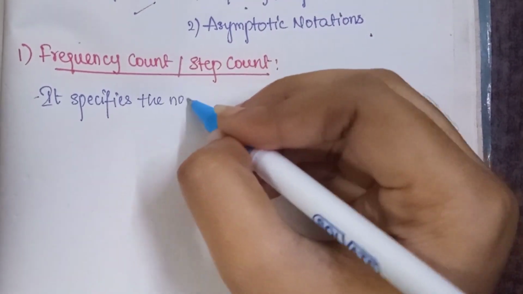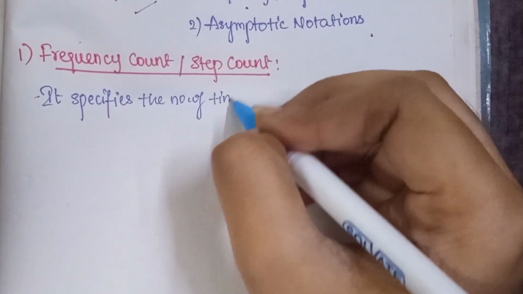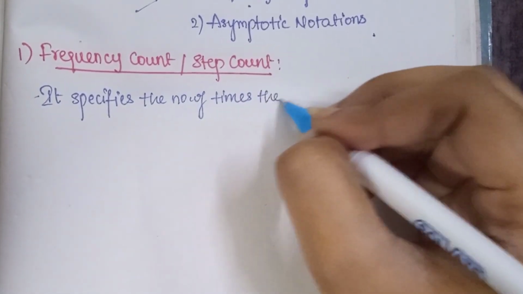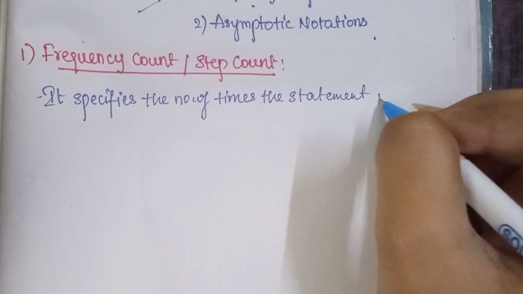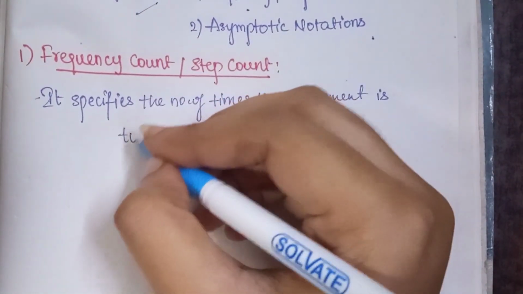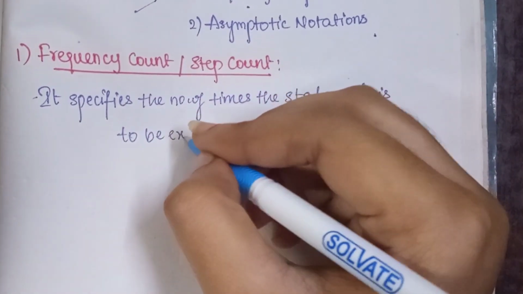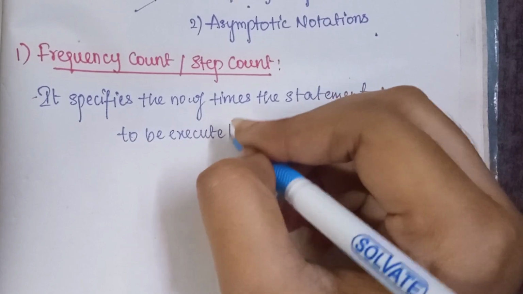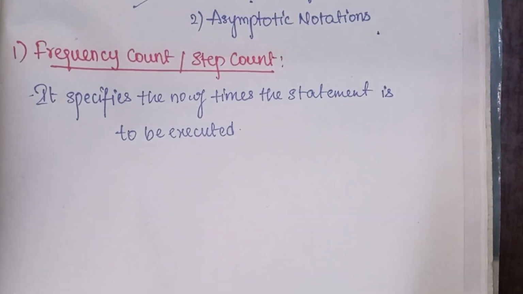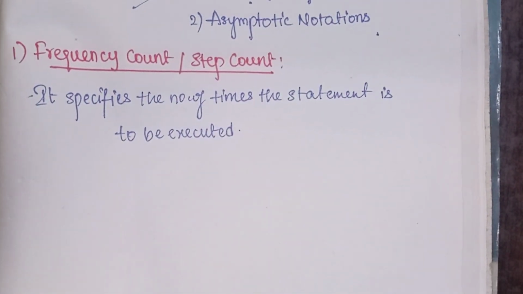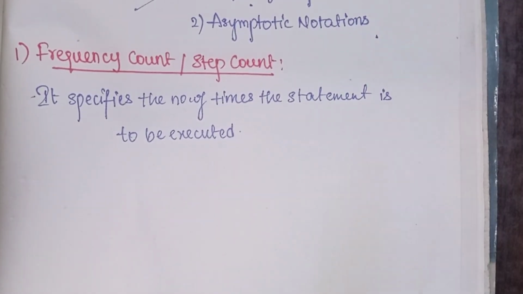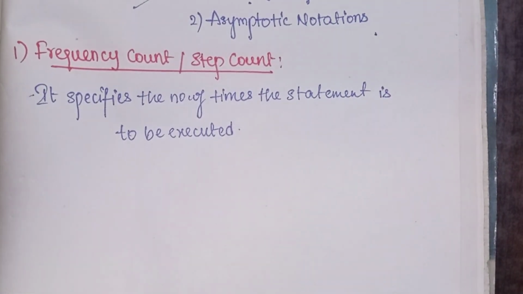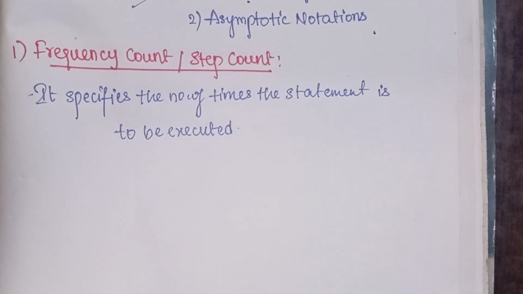Here you follow certain 4 rules to find the time complexity of an algorithm. So let's see what those 4 rules are.